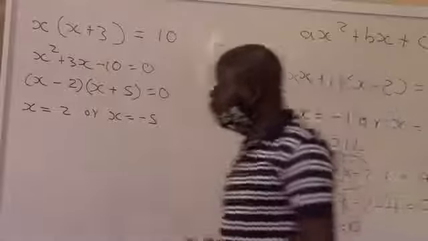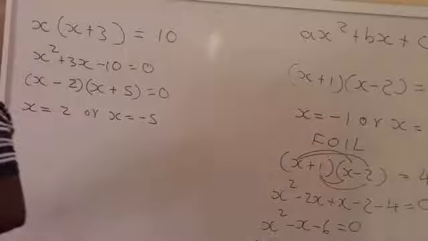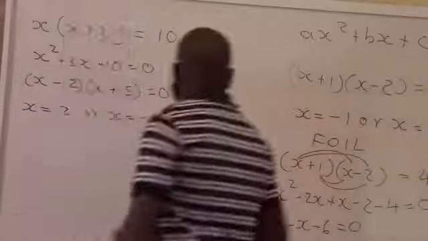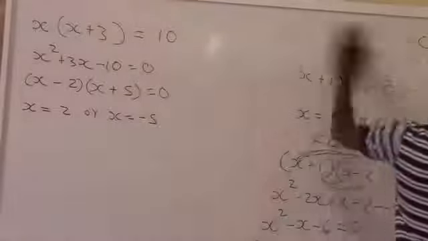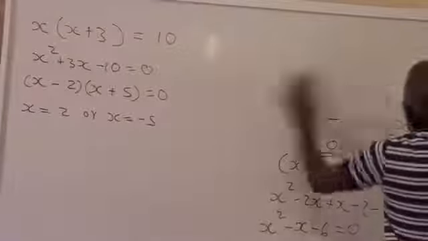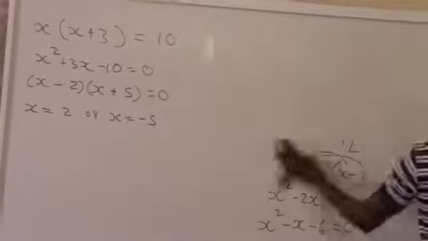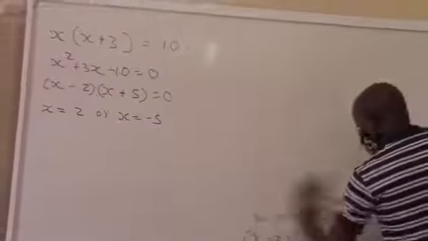Then when we move on to the second one, they normally set up one where we need to use the quadratic formula to solve for x, because you cannot easily factorize.